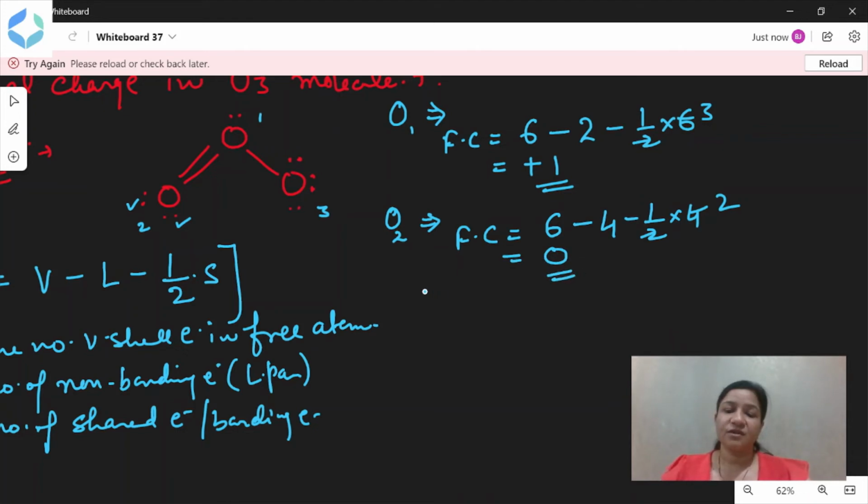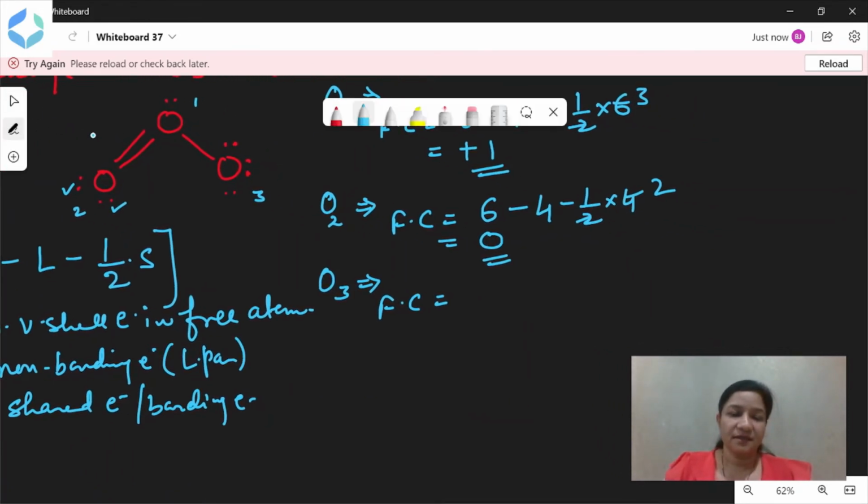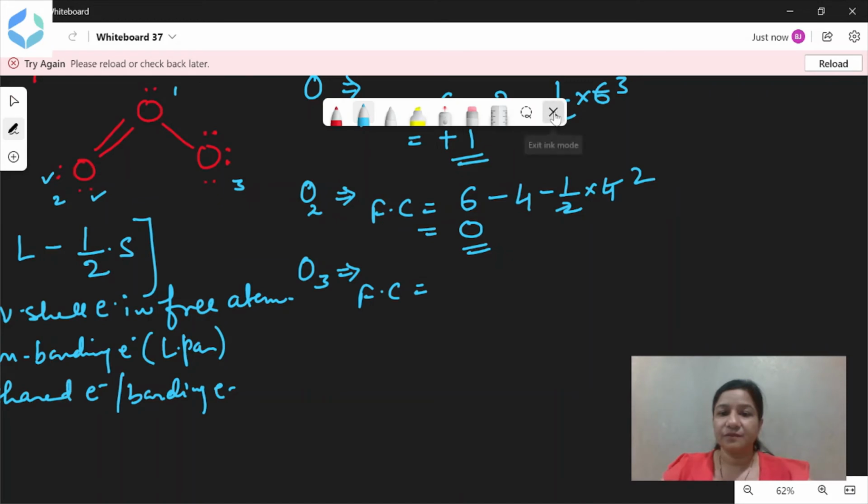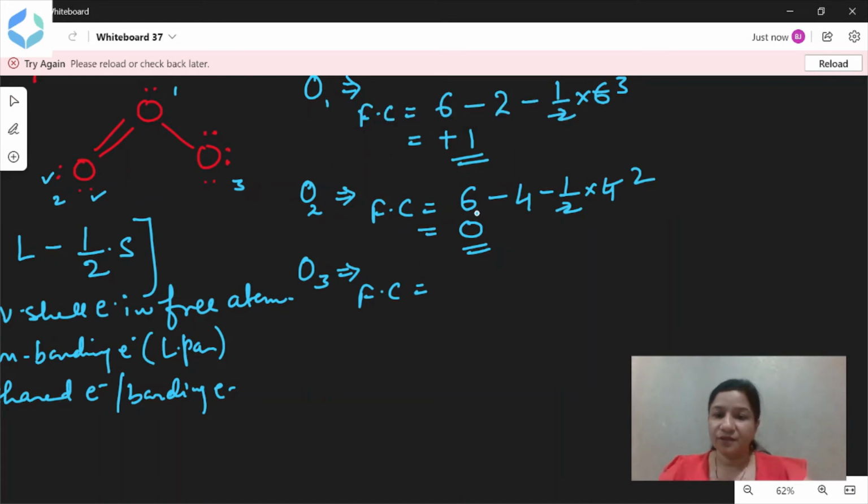So in the second atom we got 0 formal charge. Now the third oxygen atom; this 3 is representing the numbering of the atoms. So how will you calculate the formal charge in the third atom? Count the total electrons in the valence shell. Oxygen in the free atom has 6, minus the non-bonding electrons: 2, 4, 6. Total non-bonding electrons are 6, minus half into the bonding electrons; in this bond you have only 2 electrons.